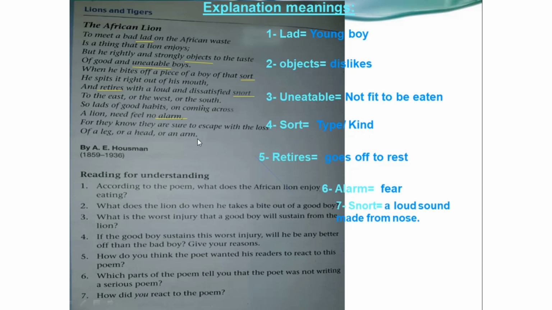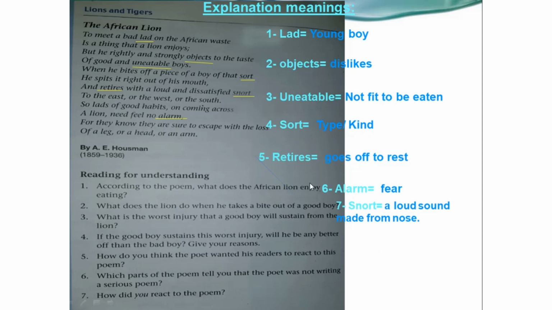After that, the lion will go to rest. But the good boy will have to escape. Escape means to go away, run away. With what? With the loss of a leg. The lion might take a bite of a leg, maybe the head also, or an arm. This is the funniest line of the poem, which tells us that it is a funny kind of poem.